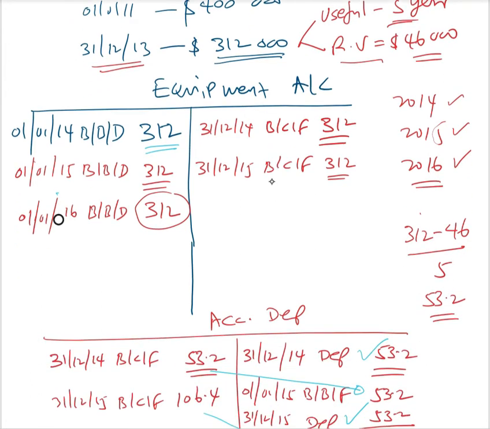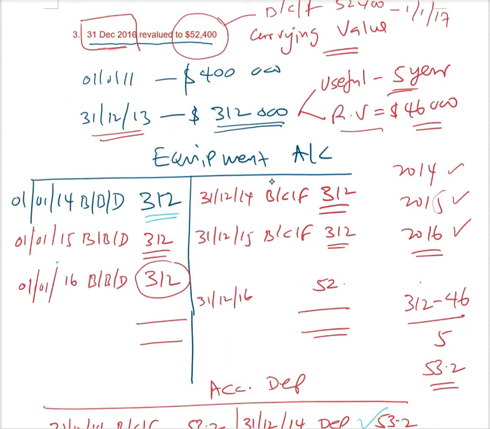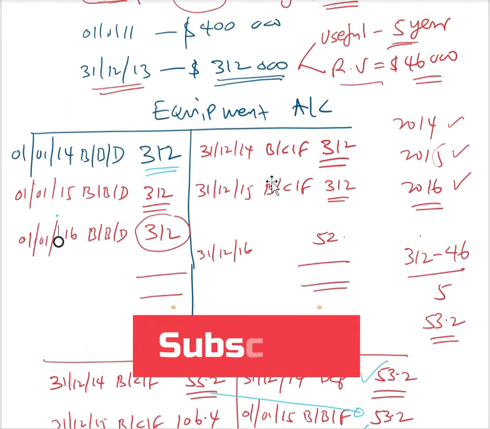So if you take this equipment account, 31st December 2016, your balance should be 52,400.